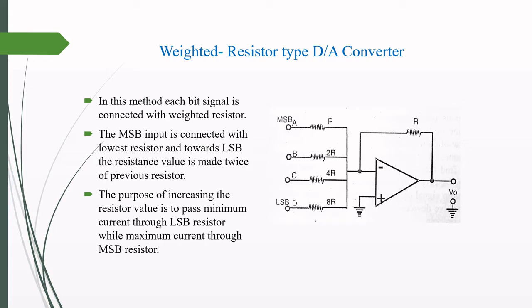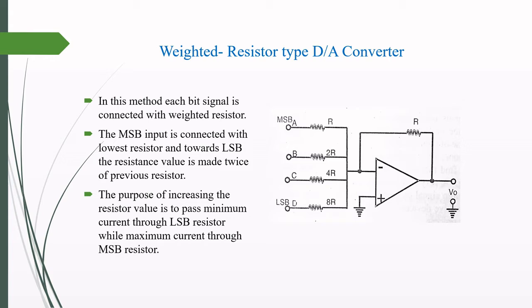The MSB input is connected with the lowest resistor and towards the LSB, the resistance value is made twice of the previous resistor. The purpose of increasing the resistor value is to pass minimum current through the LSB resistor while maximum current through the MSB resistor. Here you can see the diagram of a 4-bit weighted resistor type D2A converter.